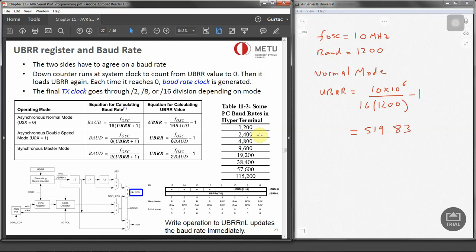What we generally do is, as we are not going to include fractional numbers into the register, we just get the integer part. So 519.83, I can round that to 520 UBRR, and I can use that value in the UBRR register. Okay, so this is one of the registers that we need to set up.